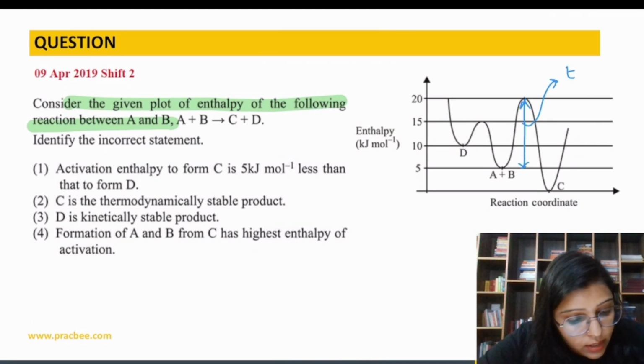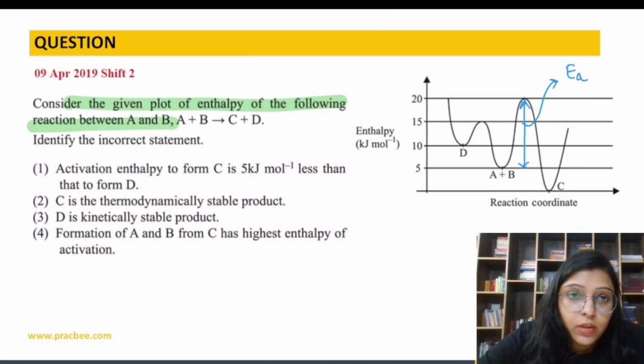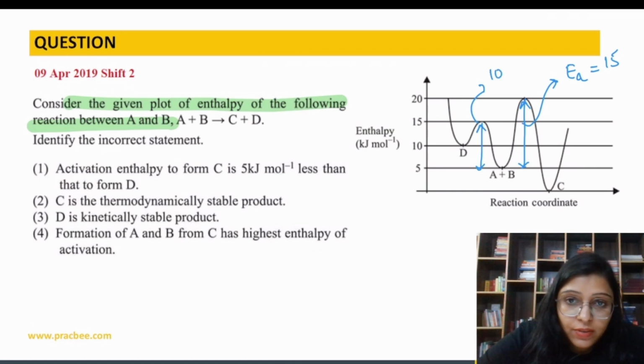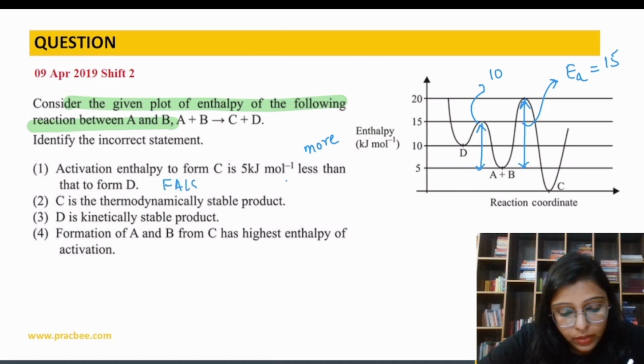So that is equal to 20 minus 5, which is 15. And the activation energy for the formation of D is going to be 15 minus 5, which is 10. So it means the activation enthalpy to form C is 5 kilojoule per mole more, not less. So this statement is false.